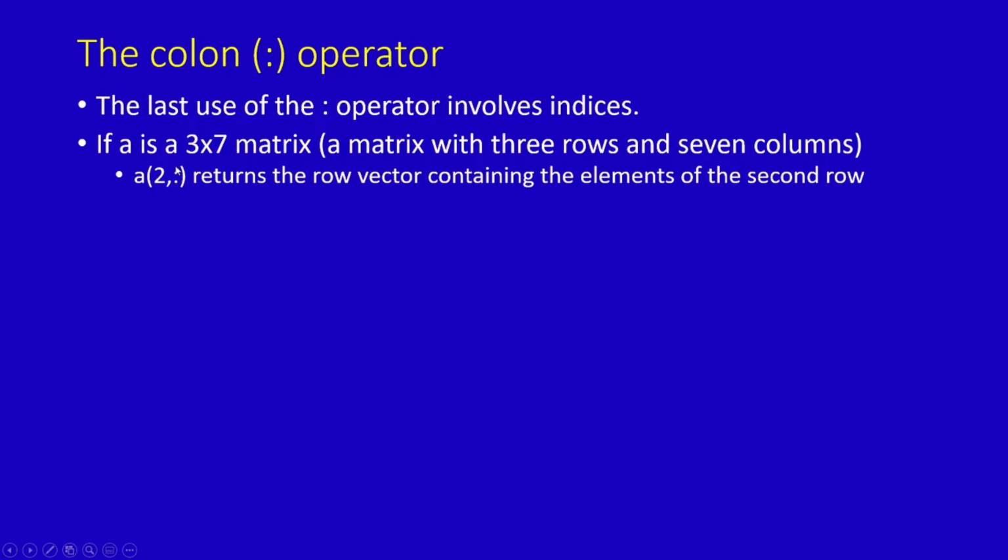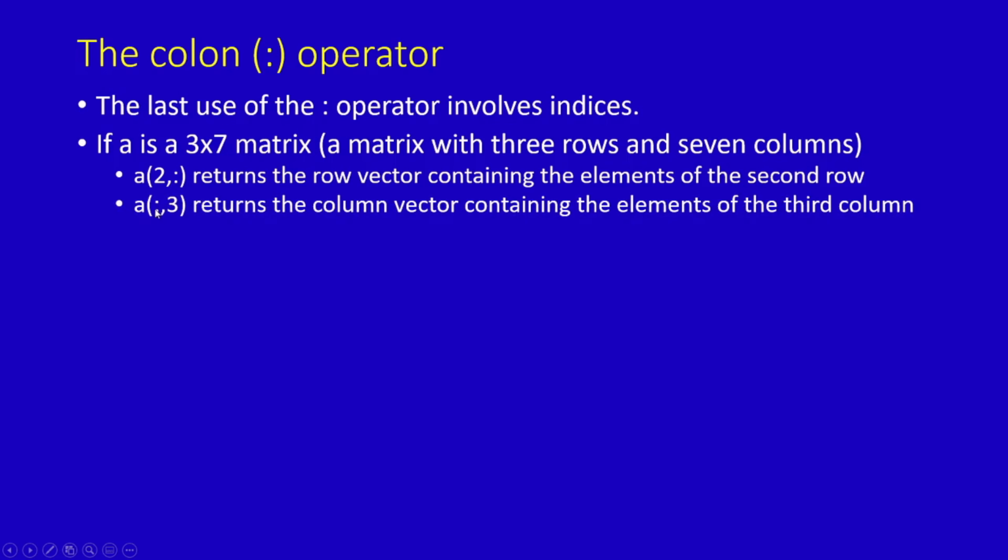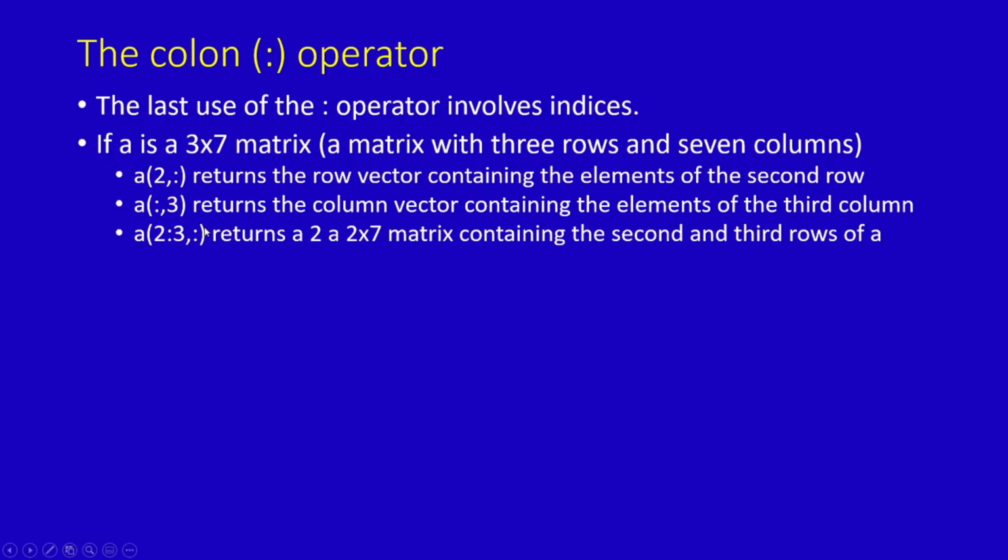This is sort of a stand-in for all columns in this case. And in this case, you want to see a column vector containing the elements of the third column. So the colon can be used that way.